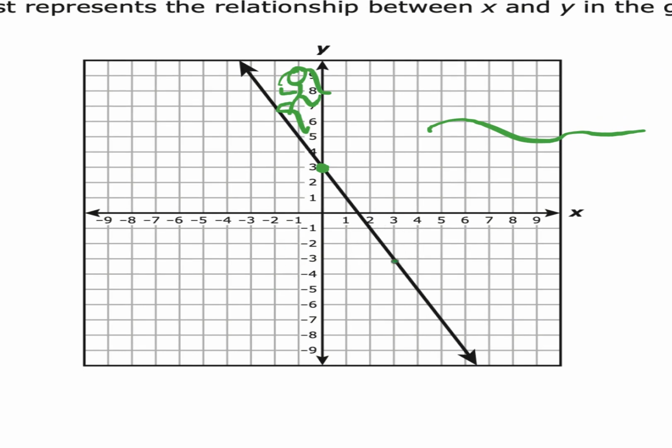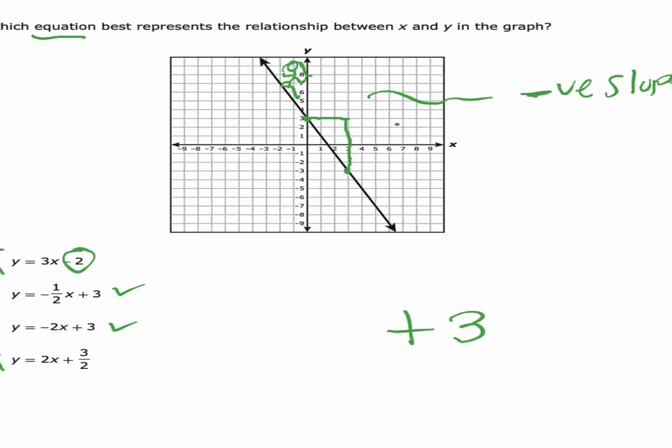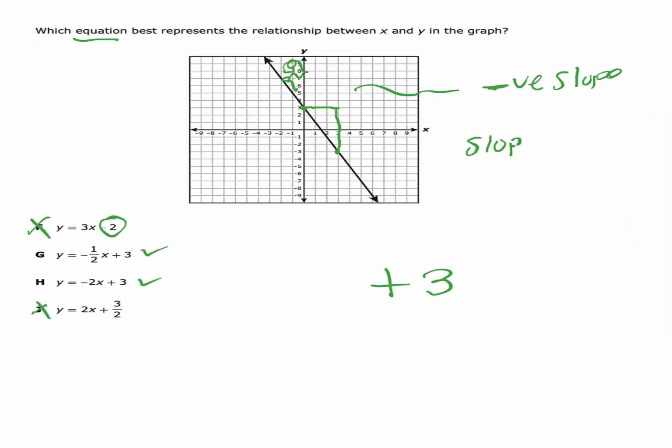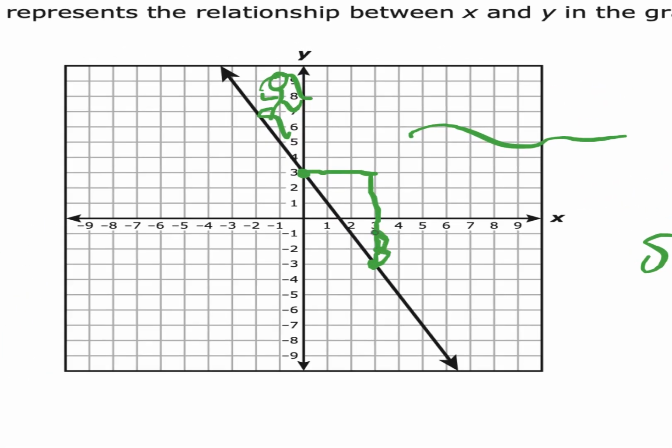Another good point would be right here. So again, I'm going to make my triangle. So let's go here and come down here. So we're making a triangle with our 2 points. Remember, slope is rise over run. I'm rising 1, 2, 3, 4, 5, 6.